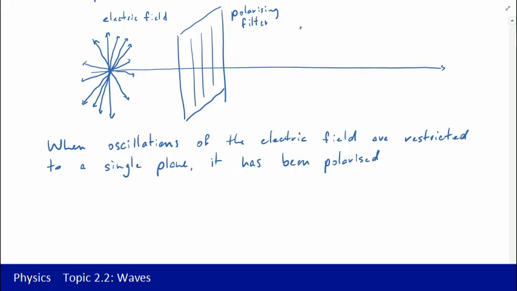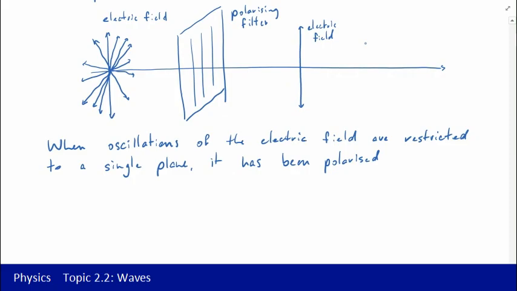That means that after light has traveled through that plane, the electric field is now only going to be in the vertical plane. So the light has been polarized, there's only light oscillating in the vertical plane now. Now we could turn that polarizing filter sideways so that the axis of polarization is horizontal. That means that the electric field over here would then be oscillating in a horizontal plane.